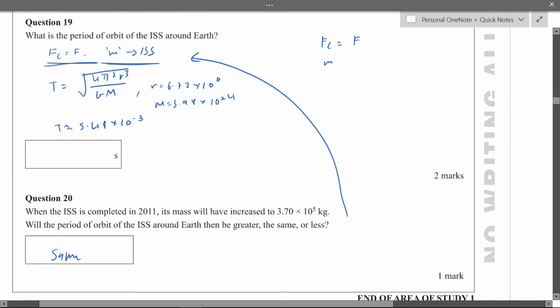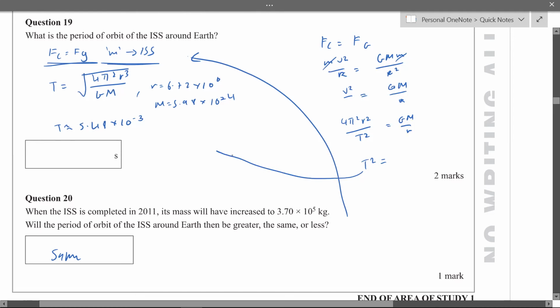Oh, no, I mean FG, sorry. FG, so mv squared on R equals GMm on R squared. You can see the m's already canceled, but if we're trying to get the formula for T, we can do 4 pi squared R cubed over T squared. So T squared equals this, and that's how you get the T formula.